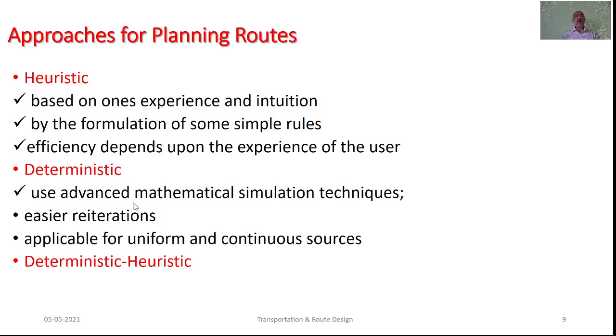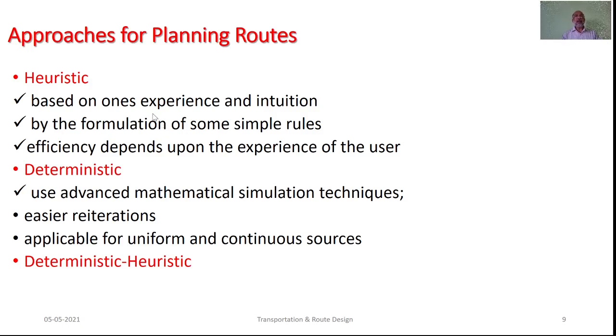One cannot go for blind solutions by simply using the deterministic approach. As well, even for the larger areas, selecting and going for this particular heuristic approach may not prove to be the beneficial solution.